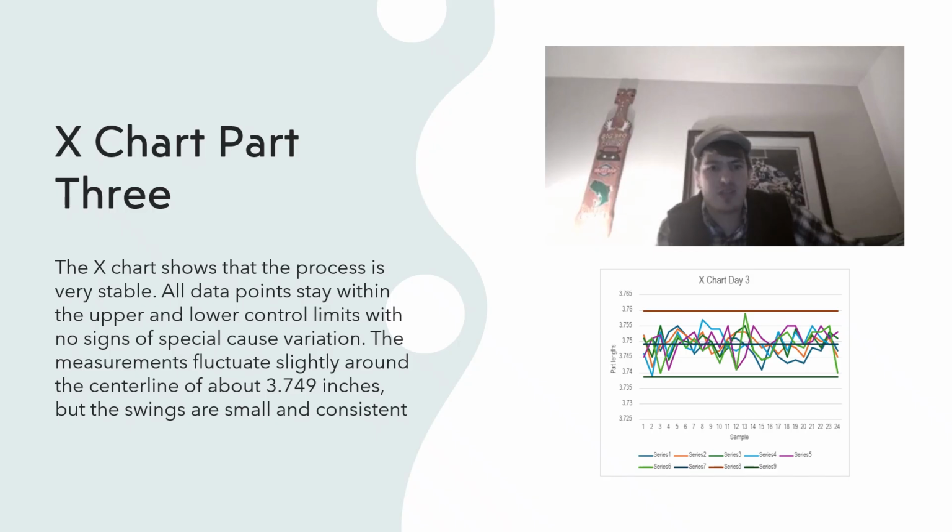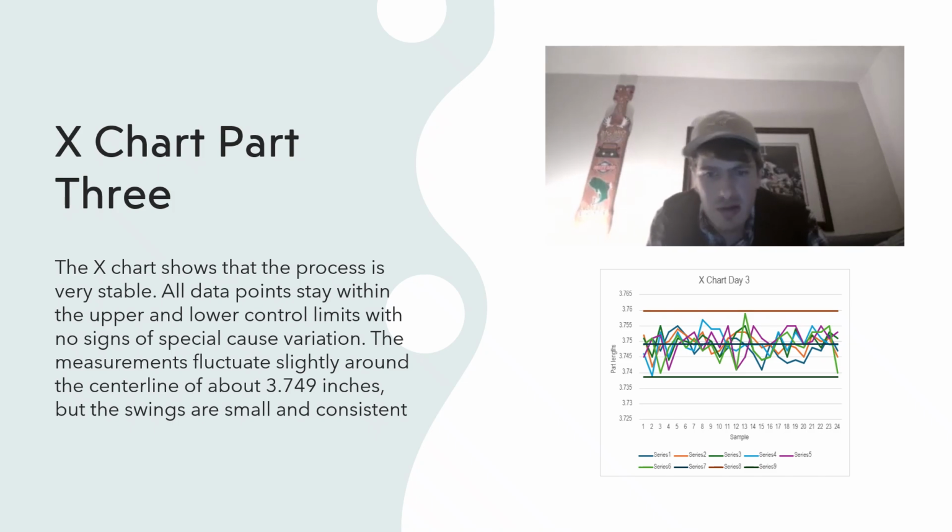The measurements fluctuate slightly around the center line of about 3.749 inches, but the swings are small and consistent. So we see we have our 24 subgroups for day 3, and all the control lines are separated, and the staggered line is staying in the middle center line. So that's a good thing.